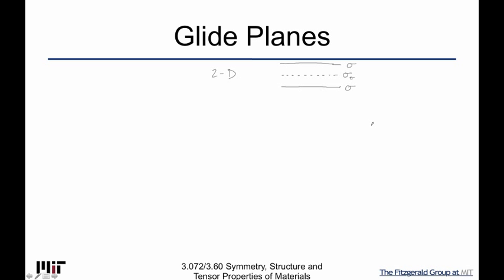And you can see that one of the issues in 3D then is going to be, what do you do if I have a glide plane, which I'll now show like that with a tau in it, a slippage in that direction?